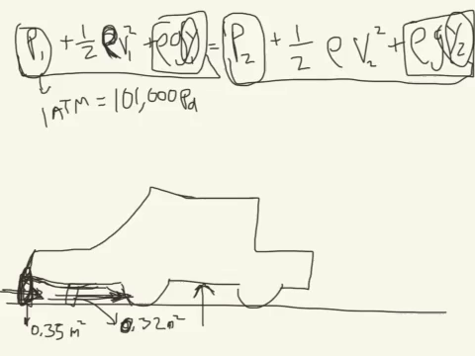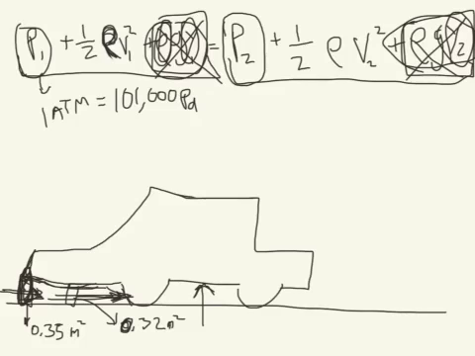So on both sides, we know this rho g y term is going to be the same. Assuming that the density is the same, rho is the density, we're just going to assume that the density of the air doesn't change significantly as it gets sucked under the car. So if rho g y is the same on the left as it is on the right, we can just get rid of it on both sides. We can subtract rho g y from both sides.